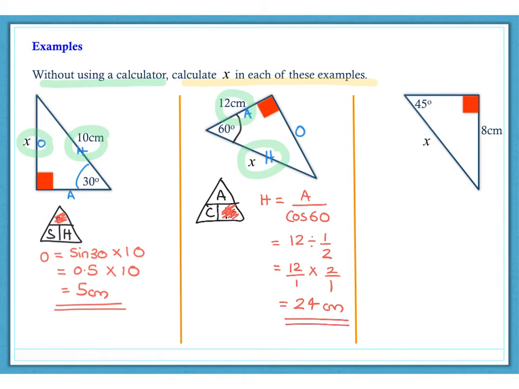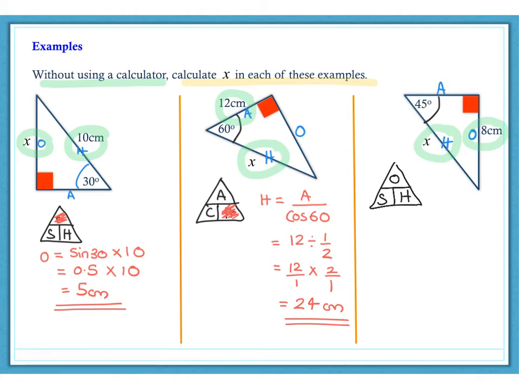And the last example, we have a 45-degree angle. Let's label up the three sides of the triangle: hypotenuse, opposite and adjacent. We're interested in the opposite and the hypotenuse, so this is a sine question. So let's draw out the sine formula triangle.